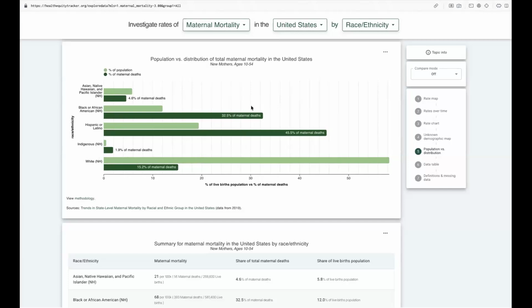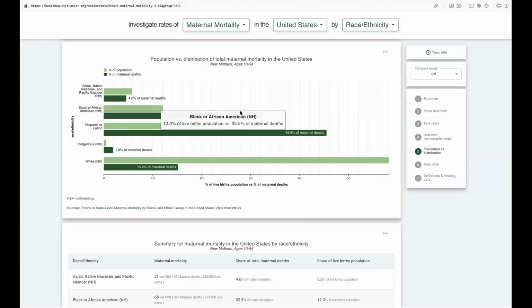In other words, you can see that of the population, Black and African American people make up roughly 12% of the population. And compare that to, of all the maternal deaths, almost a third of those occur among Black and African American new mothers.